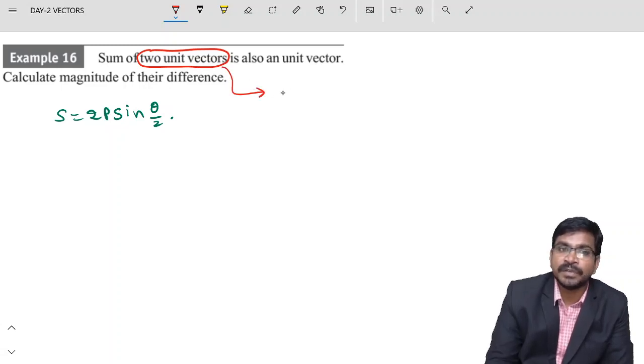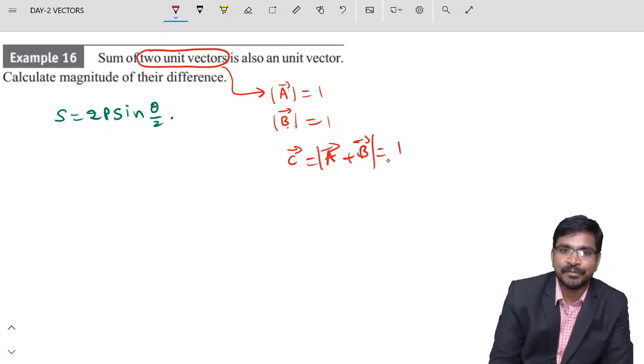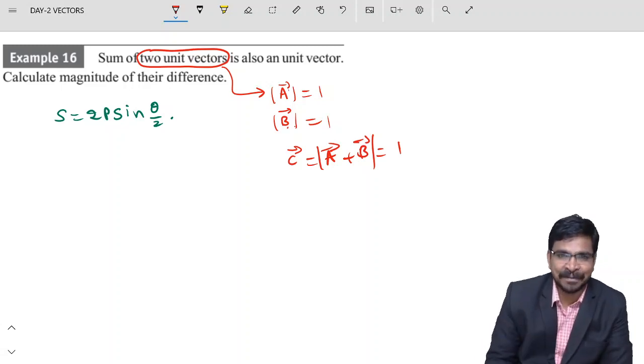Its magnitude, A magnitude is 1 and B magnitude is 1. And their addition also, C, let me take A plus B, that is also again a unit vector. That means the magnitude is 1.